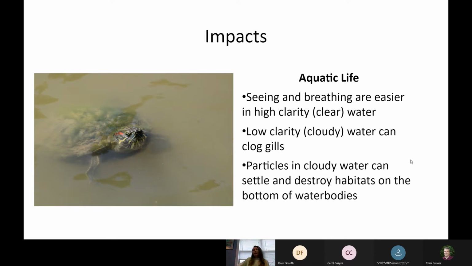So another thing that can happen when we have a lot of things in the water that are making it cloudy. A lot of the time, that's just going to be soil. And we'll talk a little bit more about that later on. But what will happen is it's cloudy because there's tiny little pieces of things that are floating around in the water. And as those things start to settle down into the bottom of the stream or lake, it can actually end up changing the habitat completely.